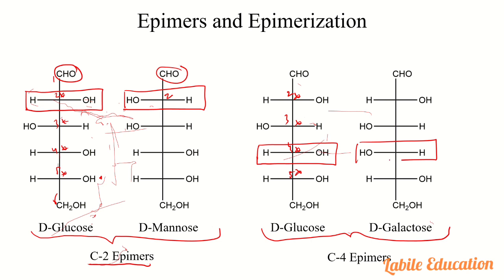Here H is on the left hand side and OH on the right hand side in D-glucose, but in D-galactose, OH is on the left hand side and H on the right hand side. The rest of the chiral centers have the same configuration. So that's why these two are epimers, and because they differ about the chiral center at C4, these are C4 epimers.